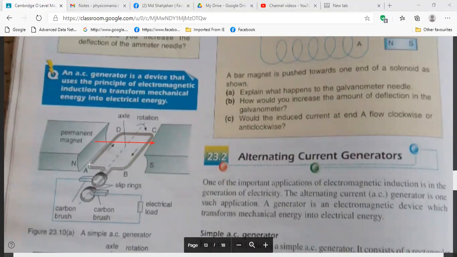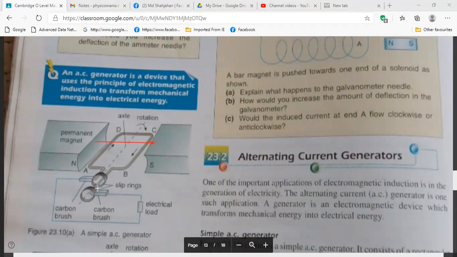Previously we had a split ring. Now we have slip rings. And previously we got an electricity supply, a power supply, which was connected to the carbon brushes.